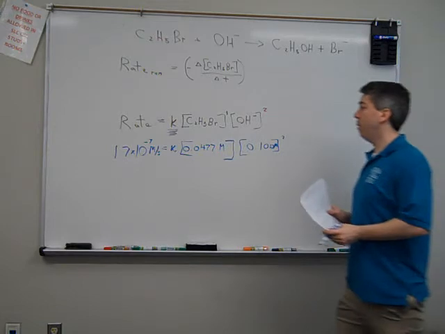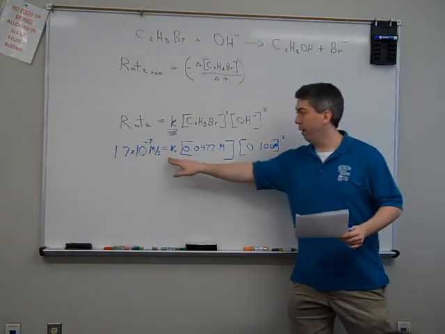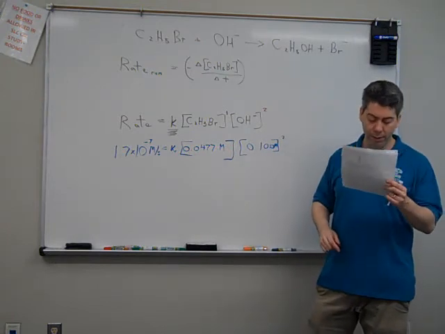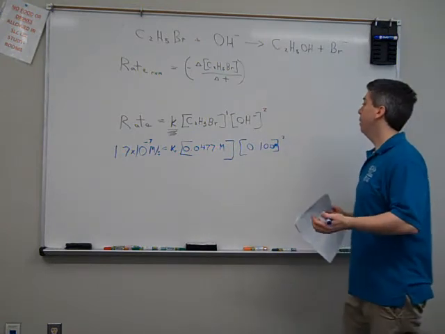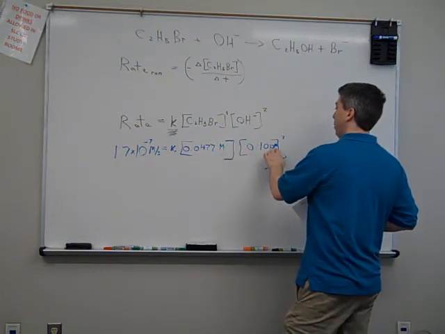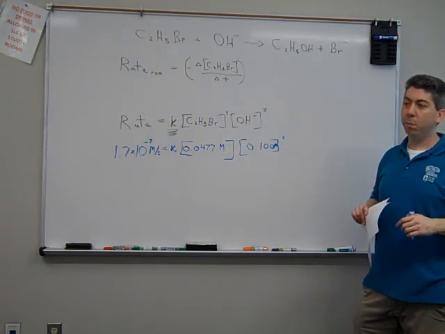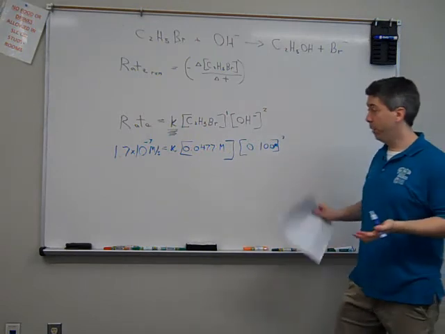So now we have to not only solve for the number value of the rate constant, we also have to solve for the units. So, if we calculate this, what's molarity times molarity squared? Molarity cubed.